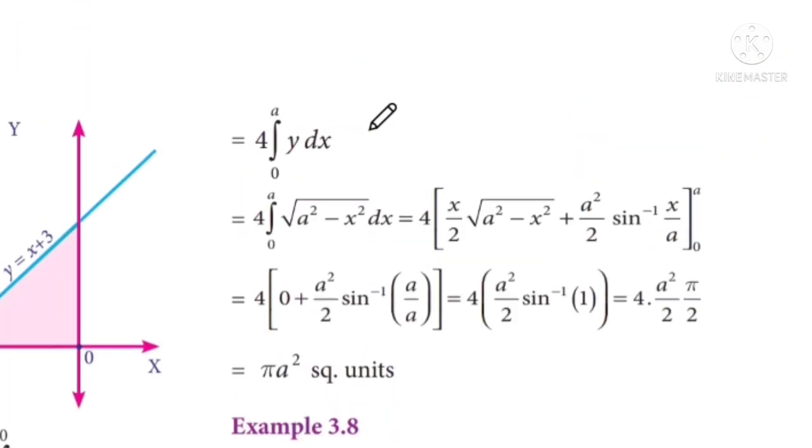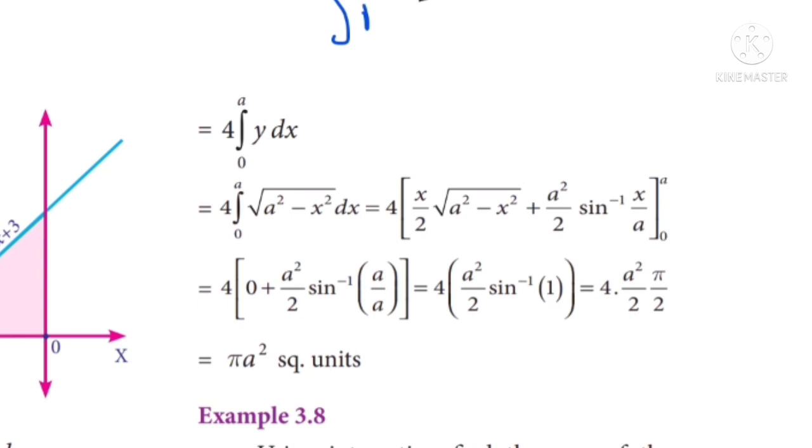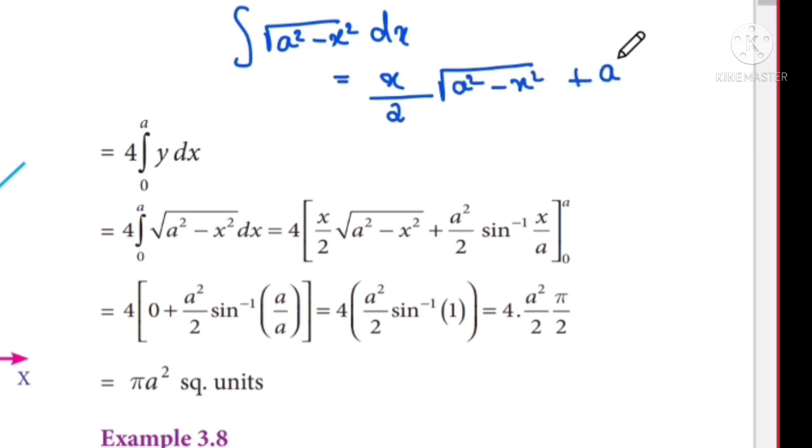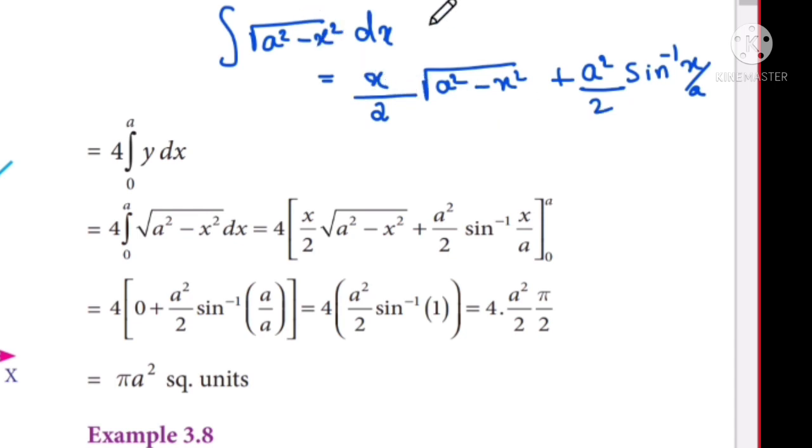The integration of root of a square minus x square dx is x by 2 root of a square minus x square, plus a square by 2 sine inverse x by a. Learn this formula. It's very important for sums also.